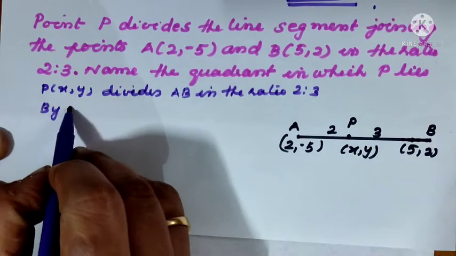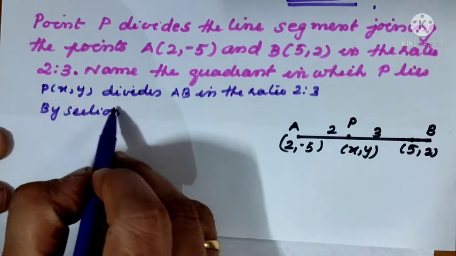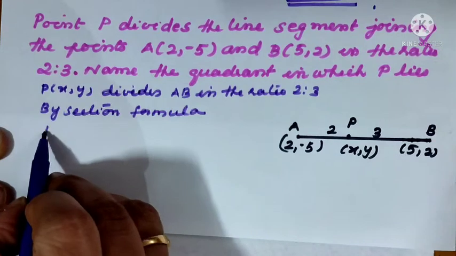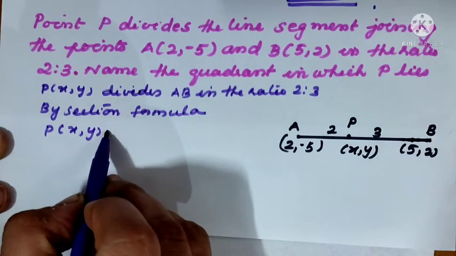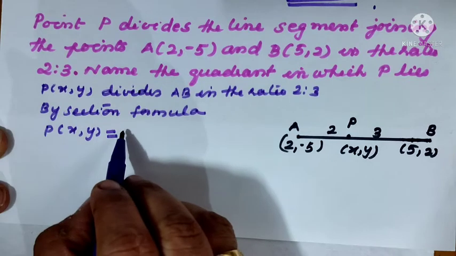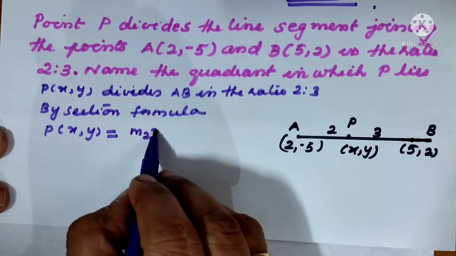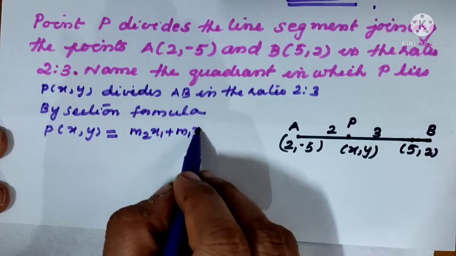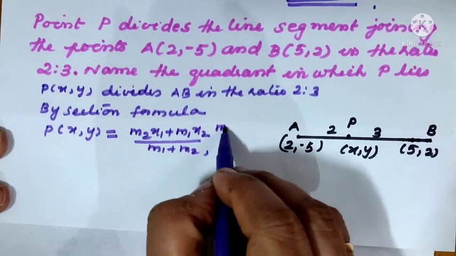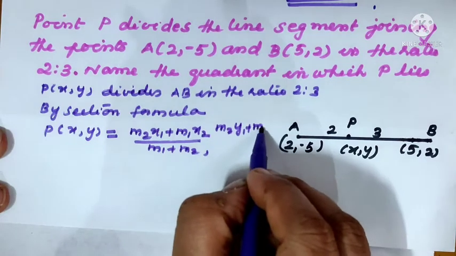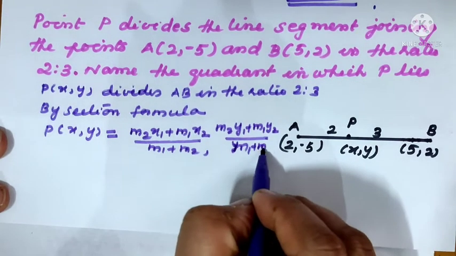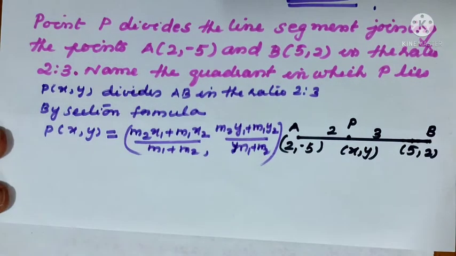By section formula, P(x, y) equal to, first the formula we have to write: (m2x1 plus m1x2) whole divided by (m1 plus m2), (m2y1 plus m1y2) whole divided by (m1 plus m2). Okay. This is the formula.